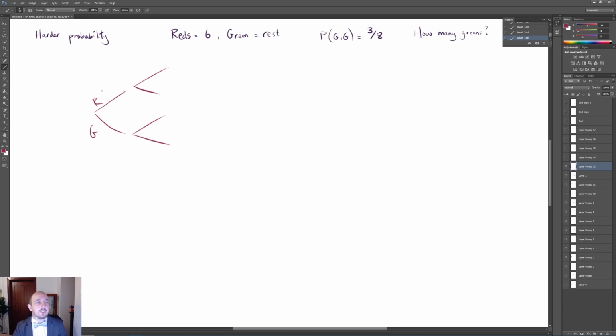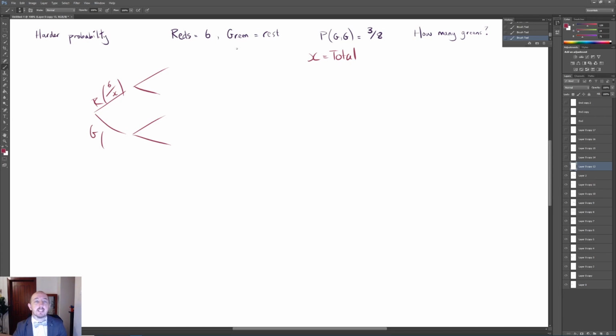So the first one for red would be 6 out of the total, okay, which we don't currently know. And to go green would be, we don't know green or the total. So if we assign a value to the total, let's call it x is the total, then red would now be 6 out of x, okay?